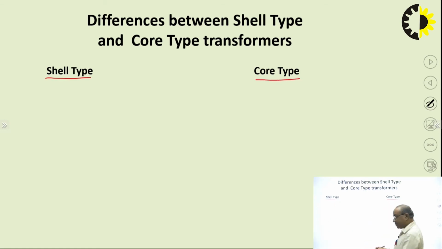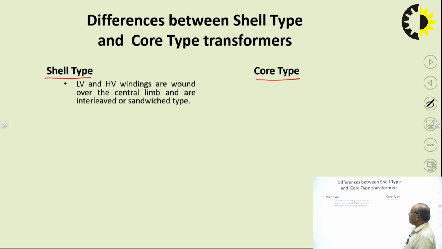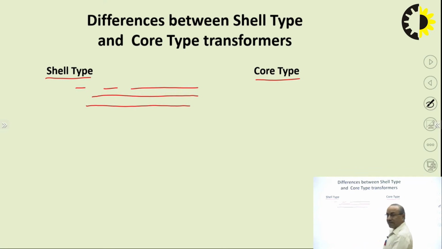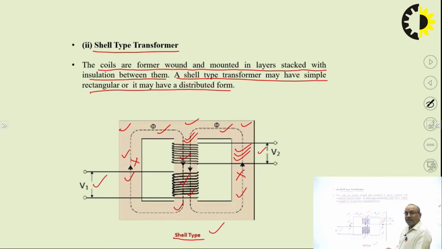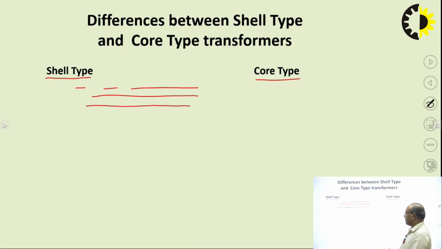In the shell type transformer, low voltage and high voltage windings, LV means low voltage and HV means high voltage, are wound over the central limb or middle limb and are interleaved or sandwich type, that we have already seen.